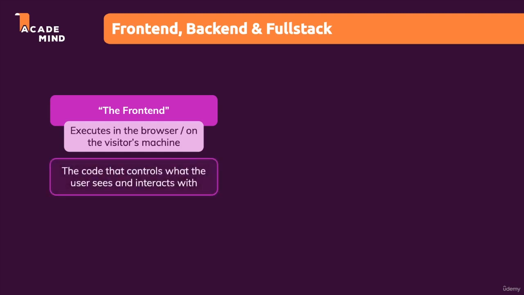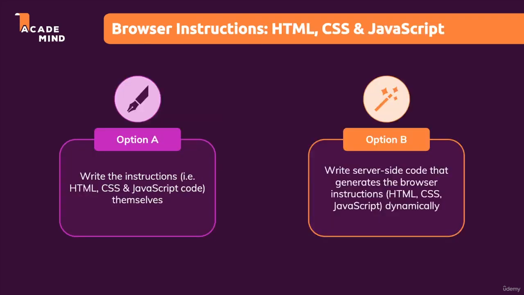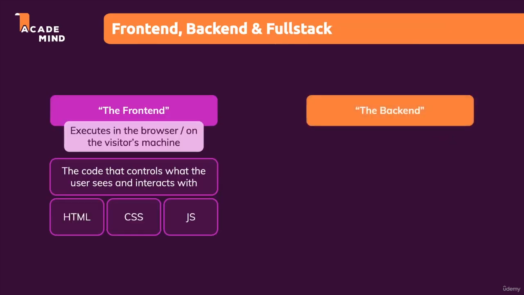That's this code that controls what the user sees. HTML, CSS, and JavaScript are the languages you use for writing that code. And as mentioned before, you either write that code yourself or you write code that generates this front-end code just in time dynamically. If you go for option B, you have so-called backend code as part of your overall website.